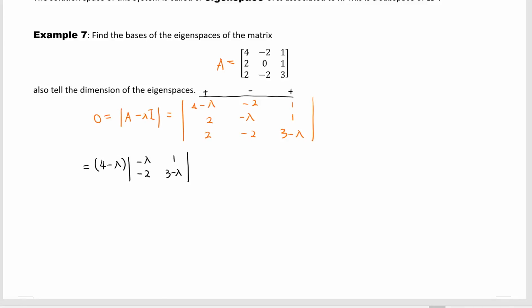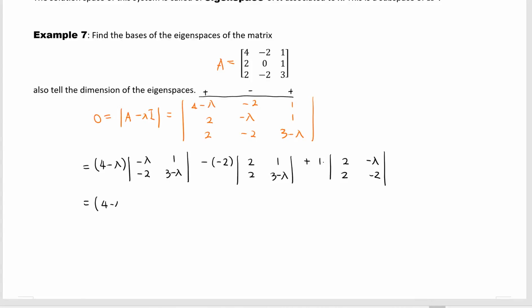See, all the things we learned are actually connected. Determinant. And then minus negative 2, the determinant of the submatrix 2, 2, 1, 3 minus lambda. And then we have plus 1 times the determinant with 2 minus lambda, 2 minus 2.